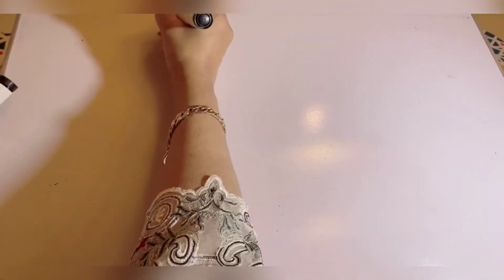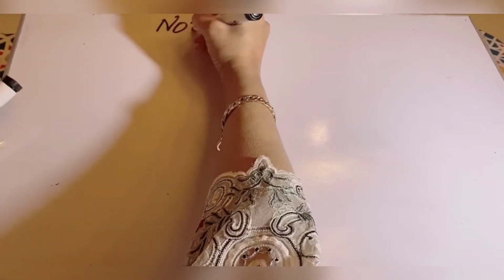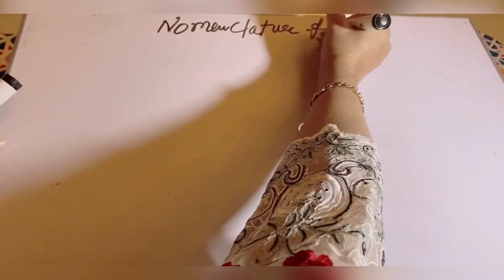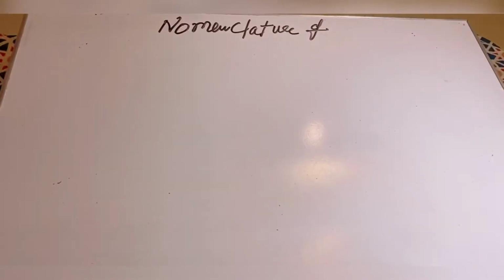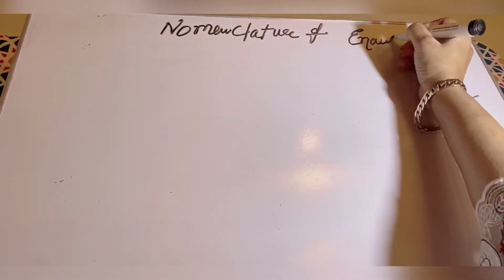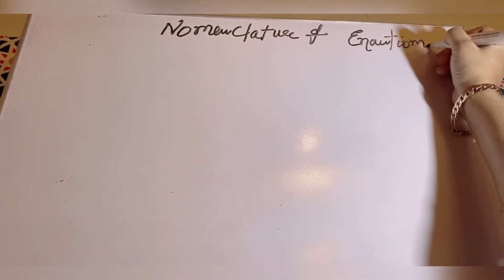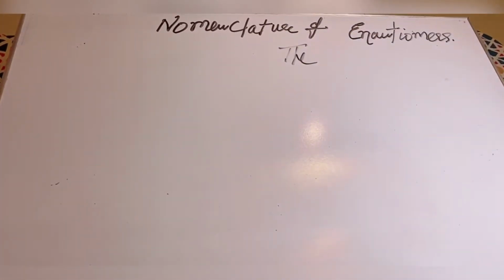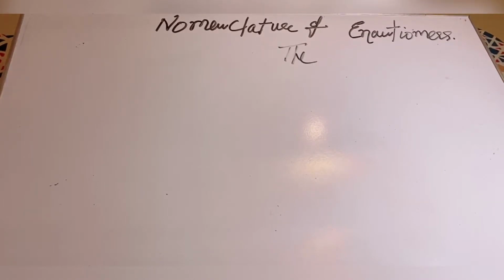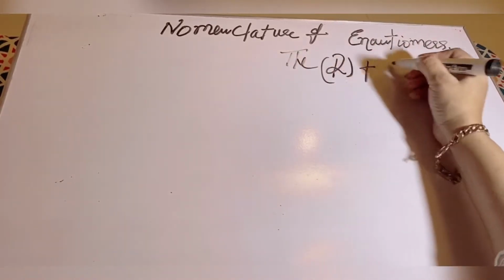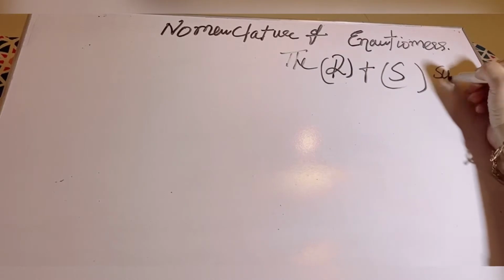So as I was discussing today, our topic is nomenclature of enantiomers, the R and S systems, right?